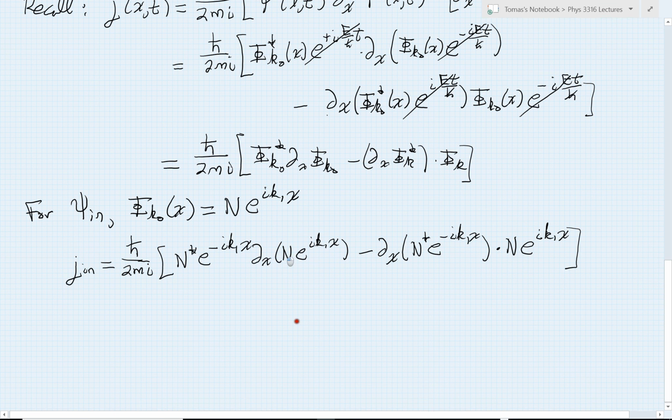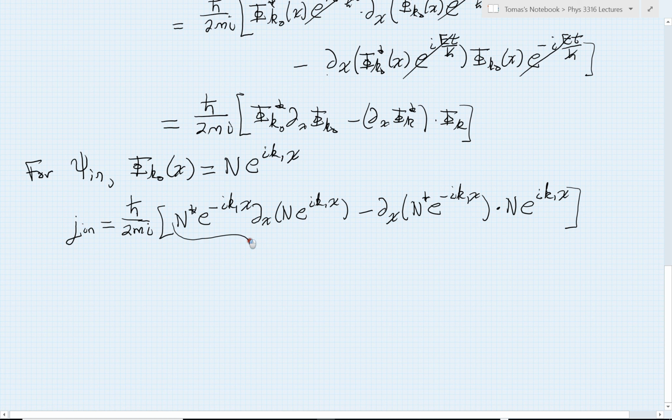So this first term is going to give me something very simple when I evaluate it. The complex exponentials are going to cancel. N is a constant, comes out of my derivative. I will have something like N star N. And the only remaining piece after the exponentials cancel is the fact that the x derivative pulls down a factor of i k1.